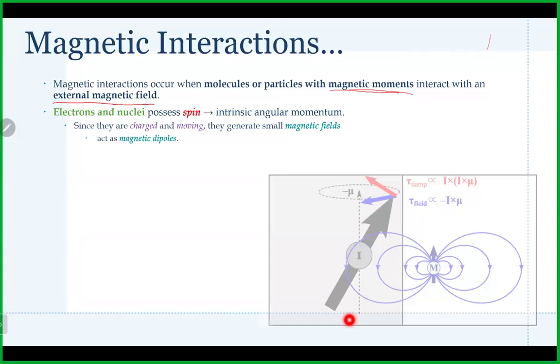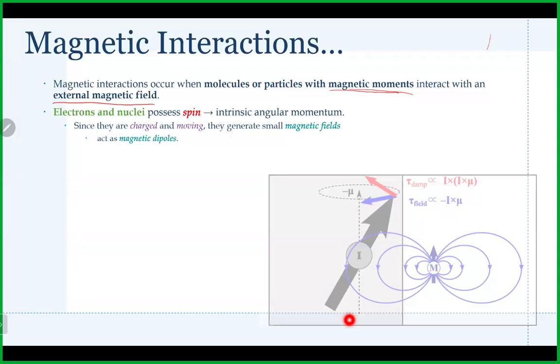The electron is negatively charged, so its orbital motion also causes magnetism, but it's usually not focused upon. But the nuclei too are positively charged, so their motion also generates magnetic fields. So once you generate simple magnetic fields like that, you act as a magnetic dipole.